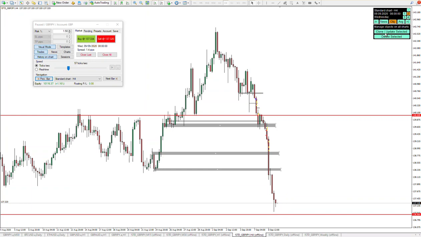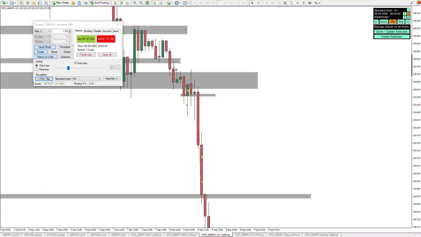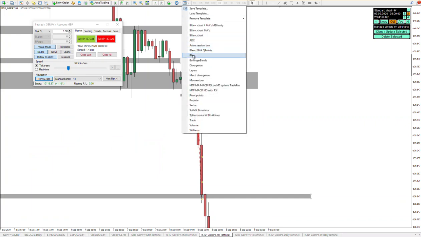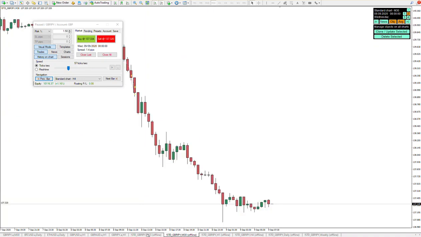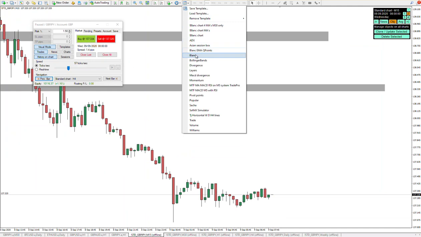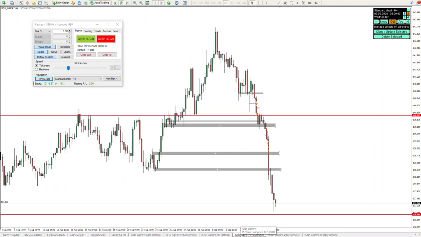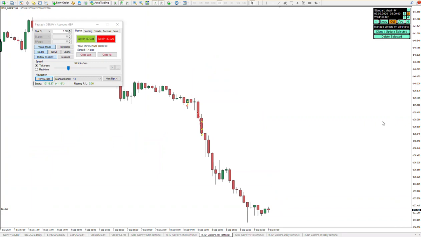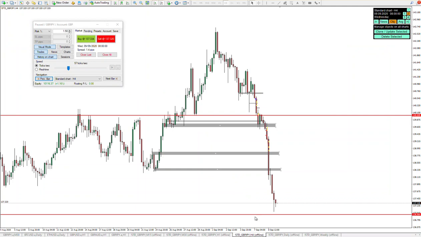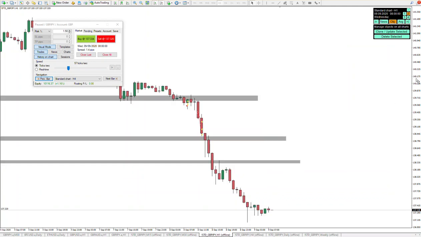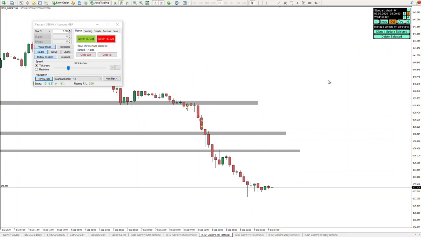Let me clean my charts. Blank. Blank. Let me clone these zones to the other time frames. Seems it didn't work, or they are too high. There they are. Okay, let's draw my zones.